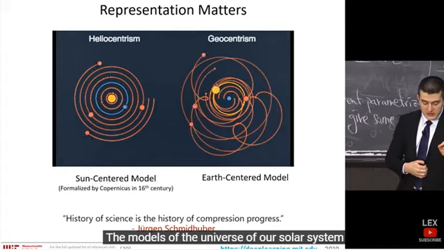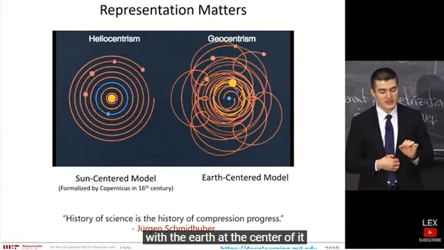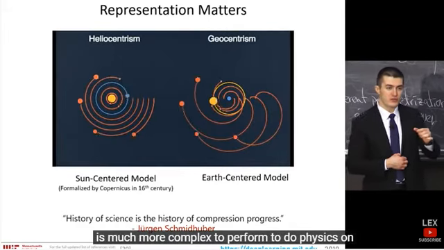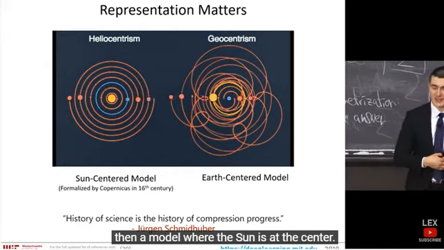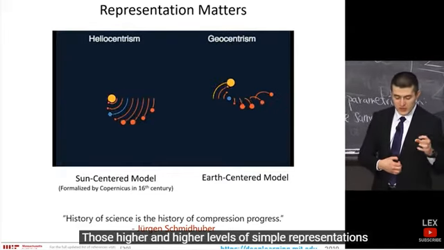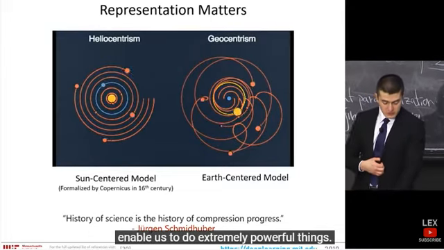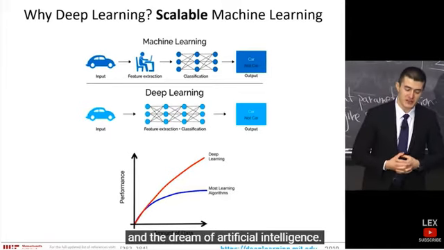The model of the universe, of our solar system, with the Earth at the center of it, is much more complex to do physics on than a model where the sun is at the center of it. Those higher and higher levels of simple representations enable us to do extremely powerful things. That has been the dream of science and the dream of artificial intelligence.